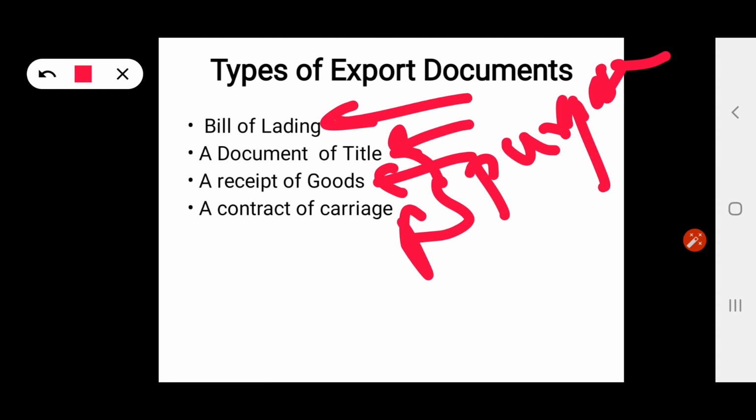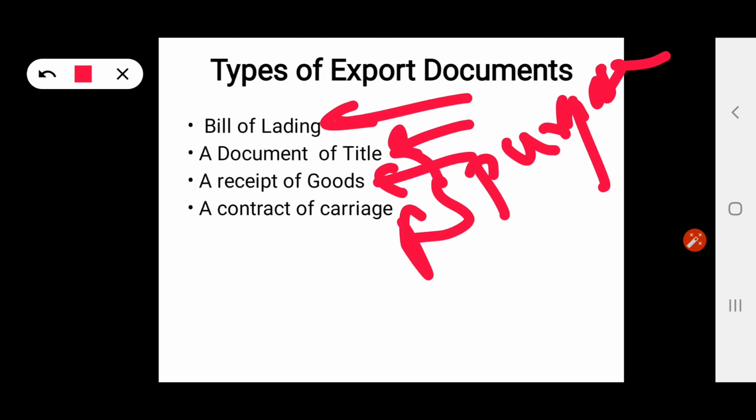Whatever the mode of transportation, whether by ship, that is by water, or by airways, or by train, the bill of lading will be very useful for the exporter.